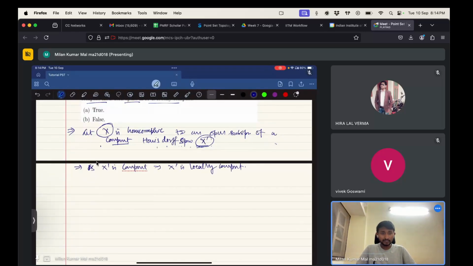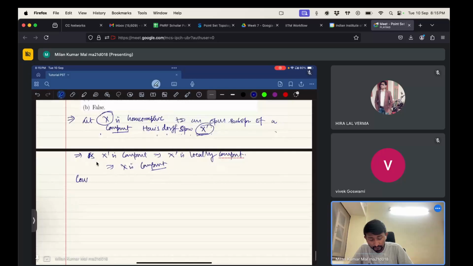So any open subspace of X dash will be locally compact, and any space which is homeomorphic to that open subspace will also be locally compact. So X is locally compact, right? I think it is clear. If there is any doubt or confusion, you can ask. Otherwise, conversely, let X be locally compact, right?